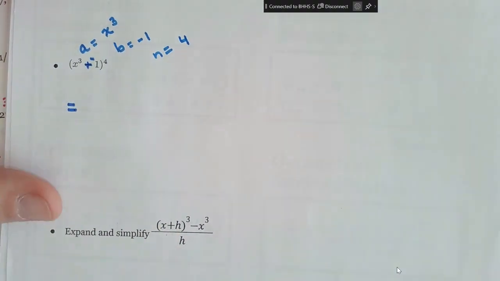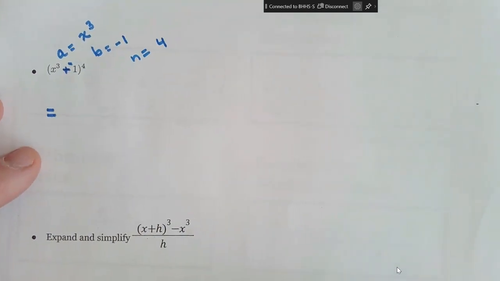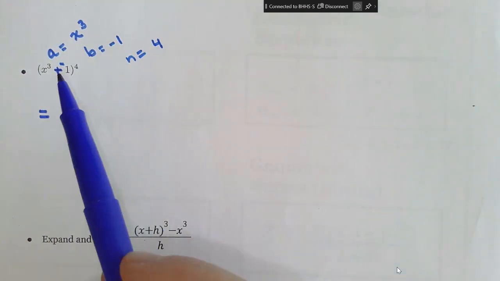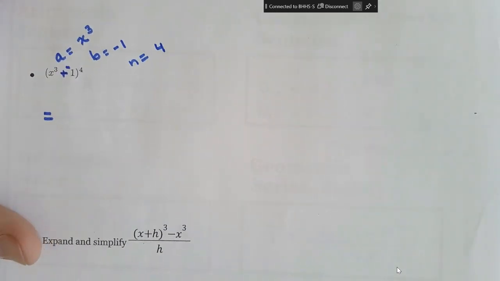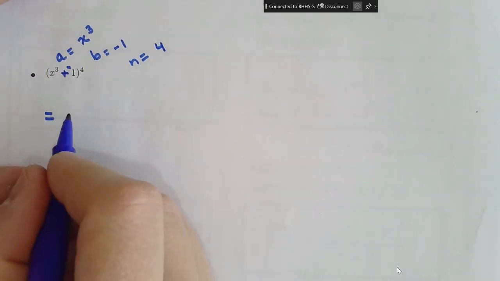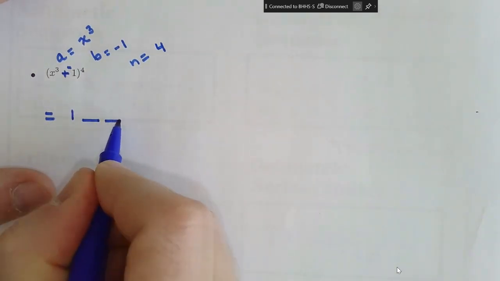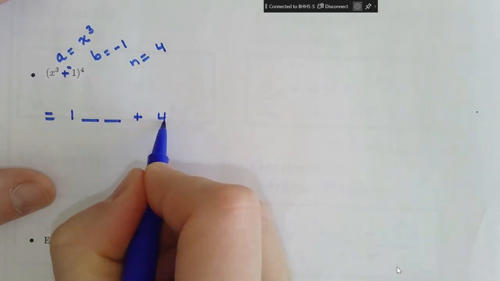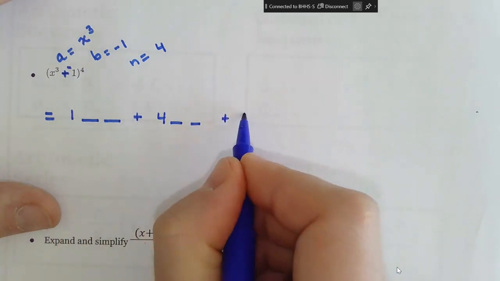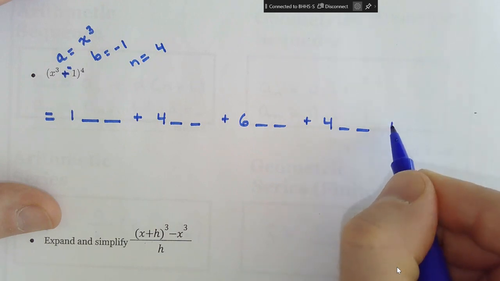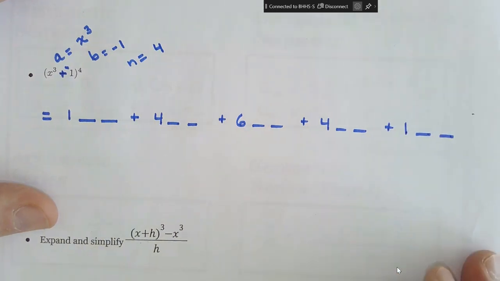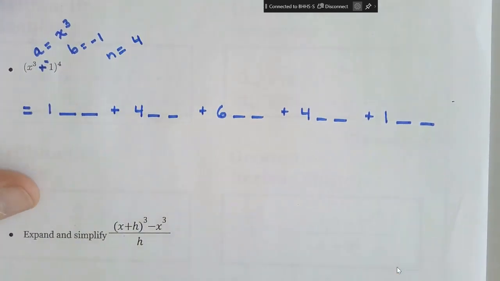Now it's expanding time. Ethan, I'm coming your way. The degree is 4, so we need the fourth row of Pascal's triangle. What does that look like? 1, 4, 6, 4, 1. Okay.